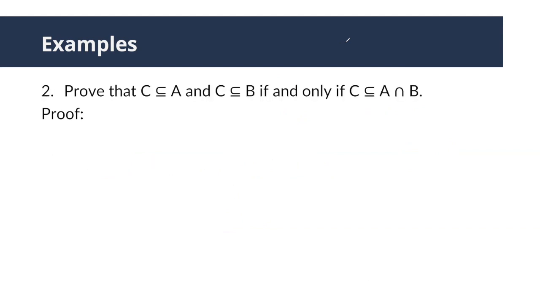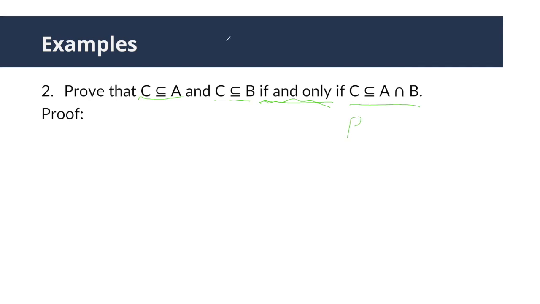Next, we want to prove C is a subset of A and C is a subset of B if and only if C is a subset of A intersect B. First of all, we know that there's these keywords, if and only if. So this is a biconditional.